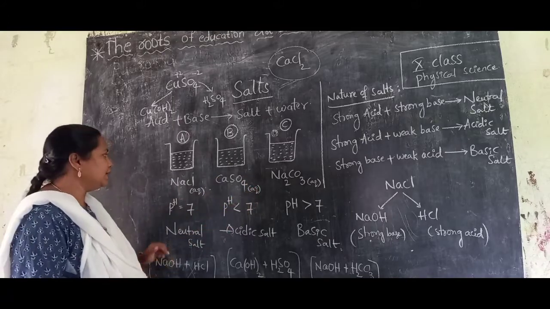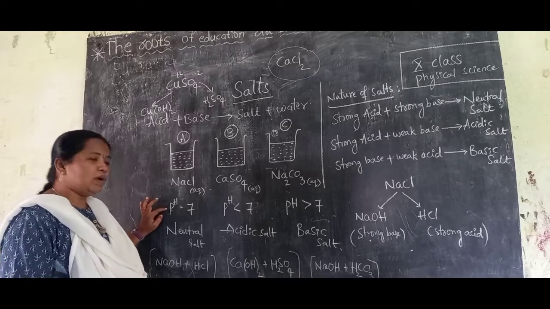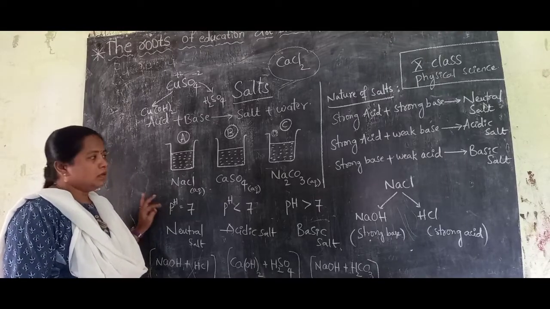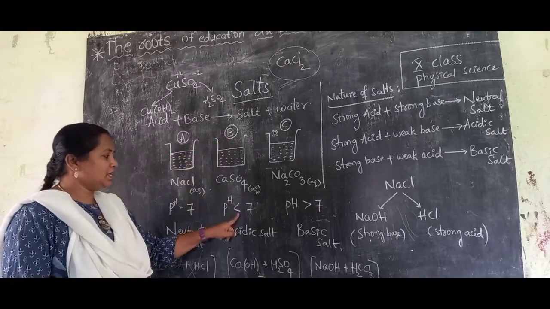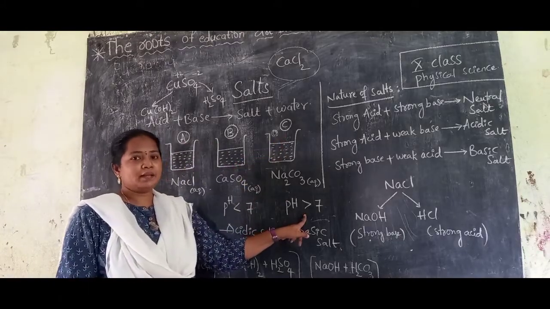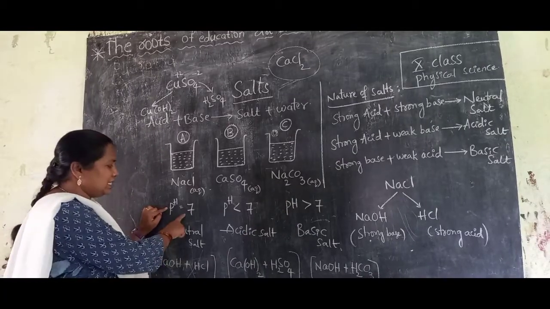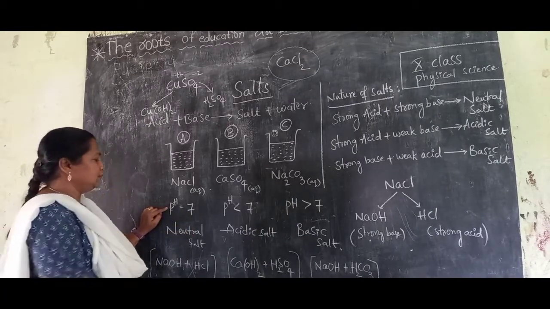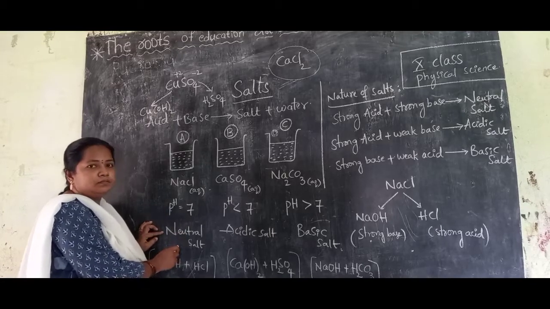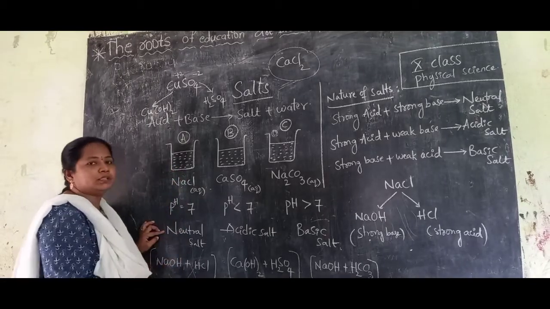You will find that the pH of beaker A is equal to 7, in beaker B the pH is less than 7, and in beaker C the pH is greater than 7. As it is equal to 7, it indicates that the nature is neutral. This salt is the neutral salt.